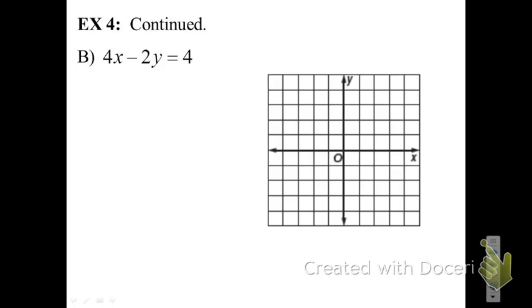Okay, here we're doing the same steps, just the equation's different. So we'll start with the x-intercept. This is when y equals 0. So again, replace that y with 0 in our equation.